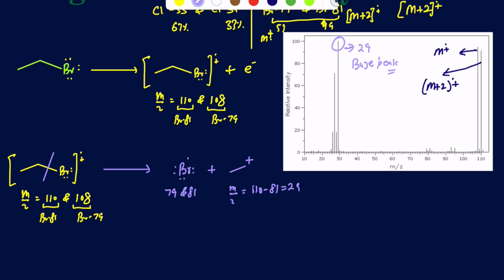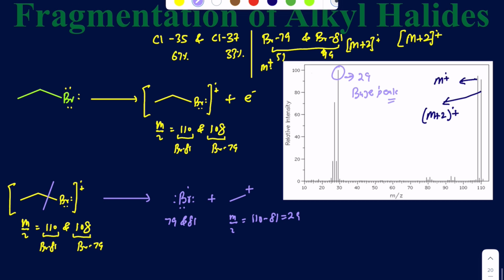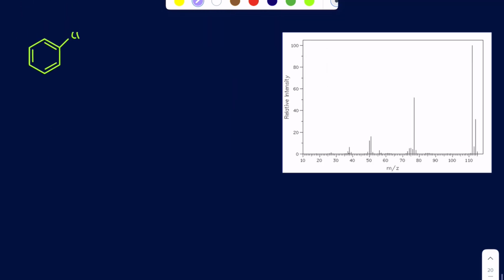But remember, you can also recognize the presence of especially chlorine and bromine from the M plus 2 radical cation peak. How does that differentiate between chlorine and bromine? I have this mass spectrum here, which is chlorobenzene. I have multiple non-bonding electrons on the chlorine, so I lose an electron from the non-bonding pairs to make a radical cation. That leaves one electron back on the chlorine, so you get a positive charge.